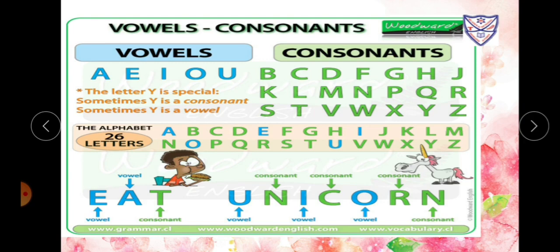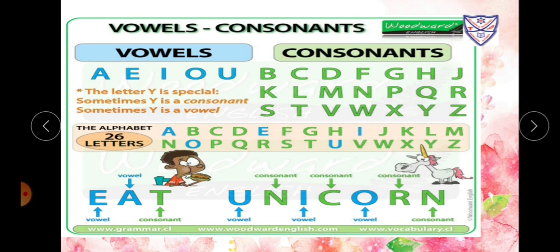Consonants are pronounced when the breath that flows out through the mouth is blocked by teeth, tongue or lips, especially by closing the lips or touching the teeth without the tongue. So B, C, D, F, G, H, J, K, L, M, N, P, Q, R, S, T, V, W, X, Y and Z, all these letters are known as consonants.